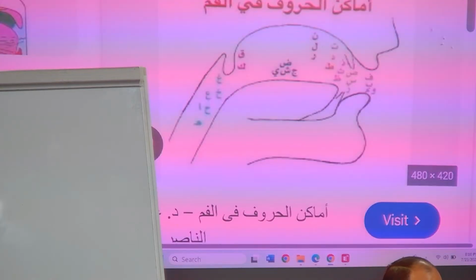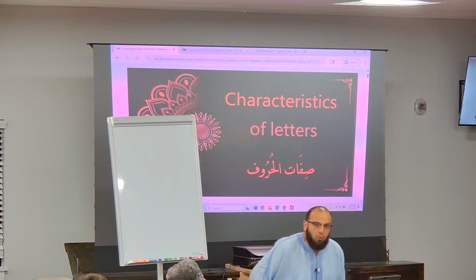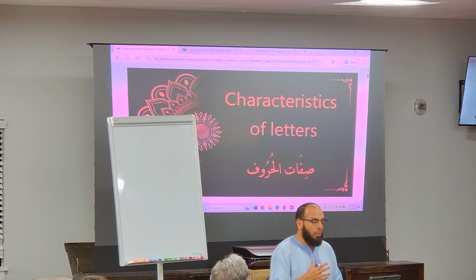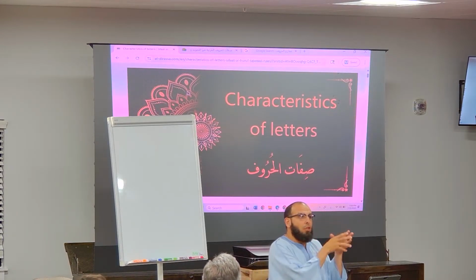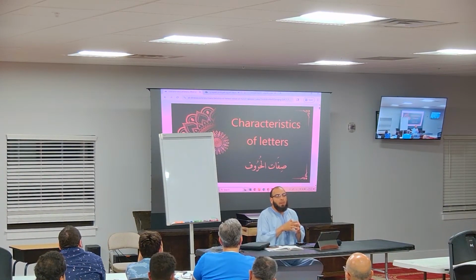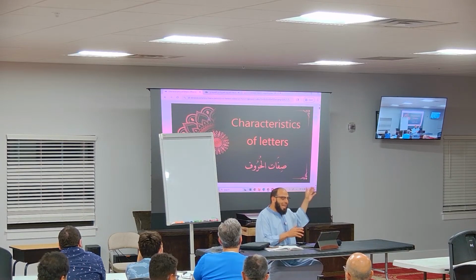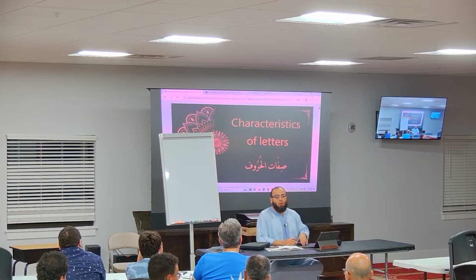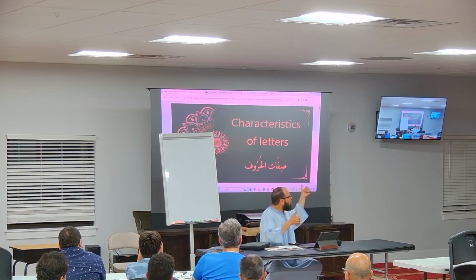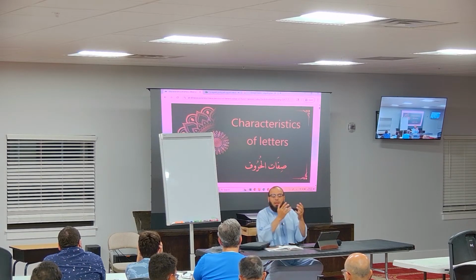So let's move now to Sifat al-Huruf. This is a good portion, but training is what's really important. But you cannot practice something that you do not visualize. Now we visualize it. We know where each letter comes from. We need to know something that's just as important. These are Sifatul Huruf. Each letter has a makhraj, which we studied, the place of articulation, and a sifah, which is the feature, the attribute.